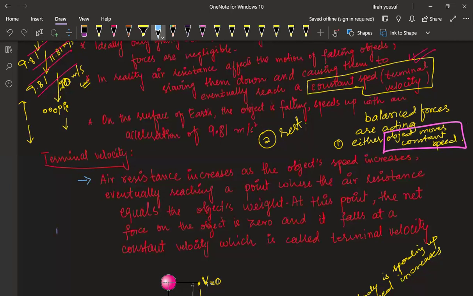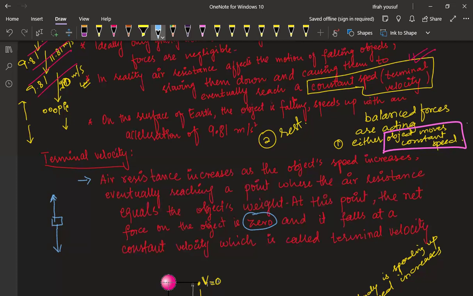So weight is downward and air resistance is acting upward. Both are becoming balanced. Clear? So since both forces are balanced, what is going to happen? The net force on the object is zero. Are you getting this point or not?